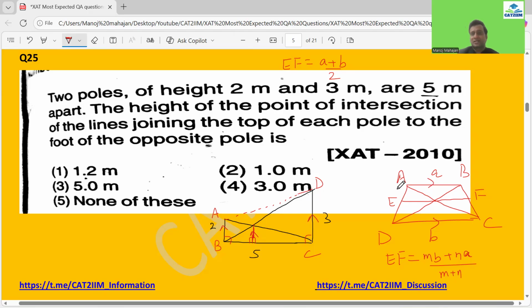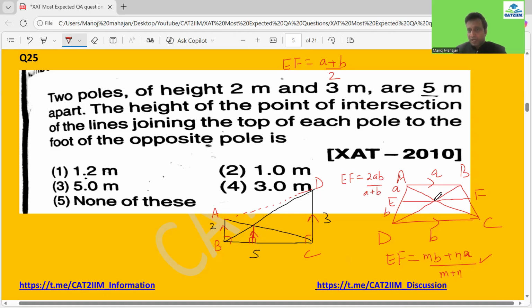Now in that case, this ratio will also come out to be A is to B. If you use the concept, M upon N would come out to be A upon B. So if you use this again, in that case, specific value you get over here, that is harmonic mean 2AB upon A plus B. That's what you get, right?